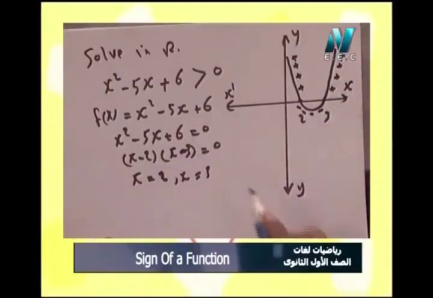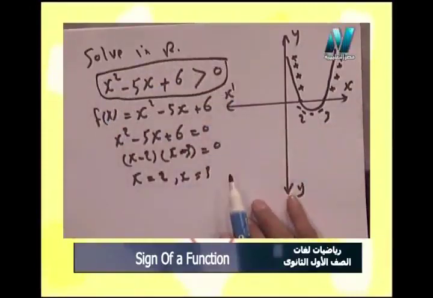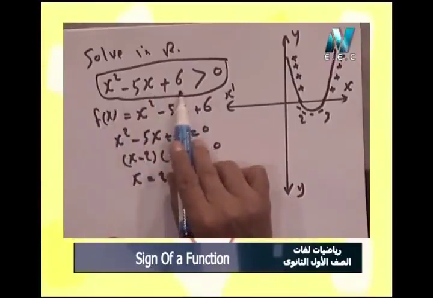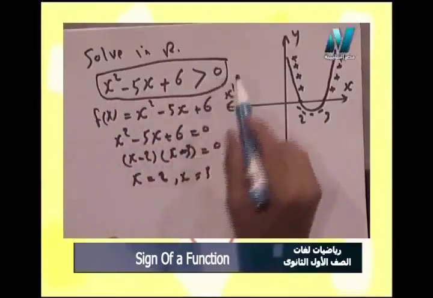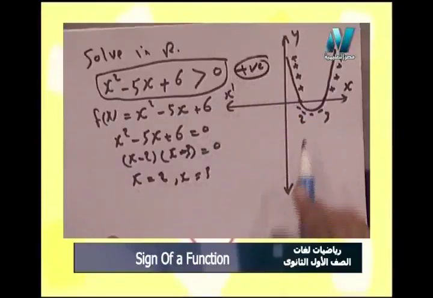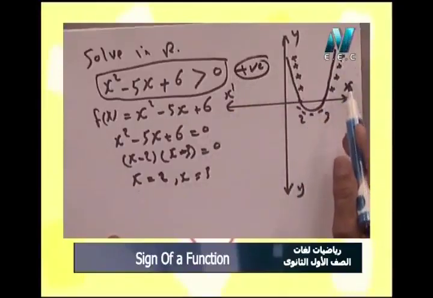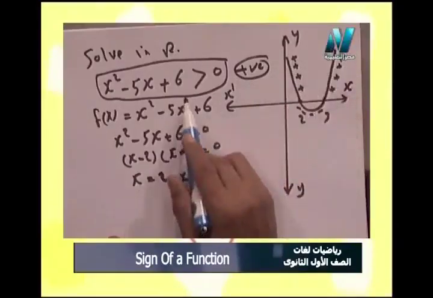So when we would like to solve this inequality, we would like to find out where this function or this expression is greater than 0. Greater than 0 means positive. So look at this graph to tell us about the positive part. The positive part here will be the solution of this inequality.